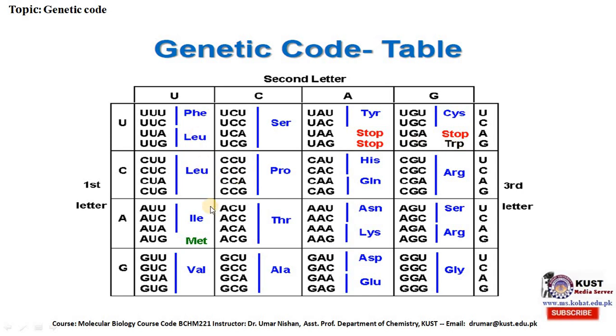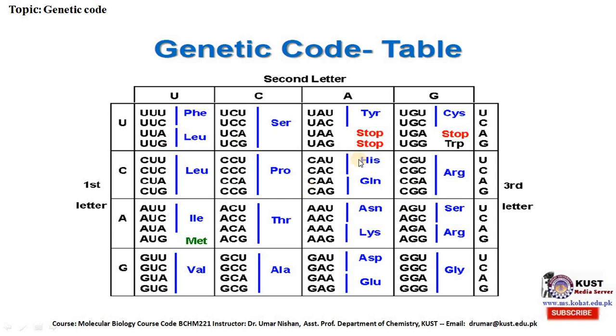Similarly, in this table we have all the 64 codons that are possible. Among these 64, these 3, UAA, UAG and UGA, are stop codons, and the rest of the possible codons are shown for the different amino acids that we have.